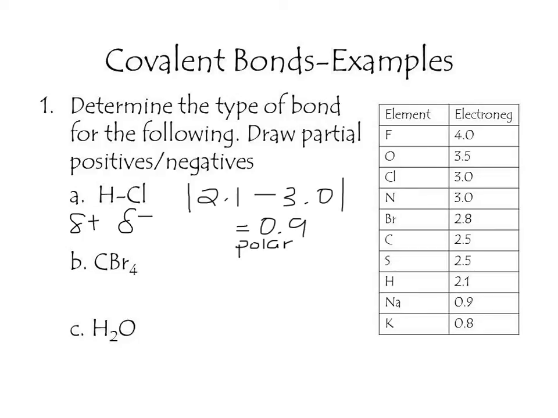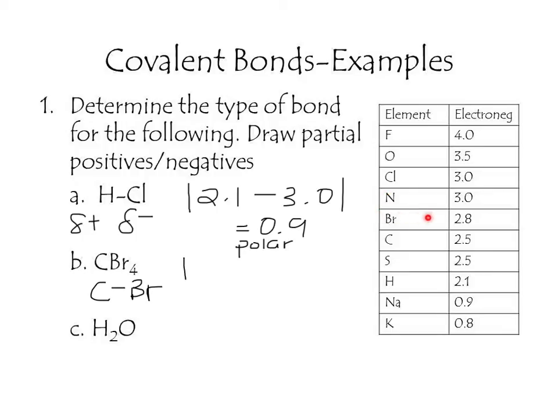Okay. So let's go ahead and now try another one. CBr4. So when we're looking at this, many people are always looking at this 4, and they think we have to multiply this by 4. No, not really, because what we're looking at is the individual bonds. When we look at it, this is actually just one carbon bonded to one bromine, and that's what we're looking for. So when we go ahead and determine whether this is polar or nonpolar, we're just going to go ahead and look them up.